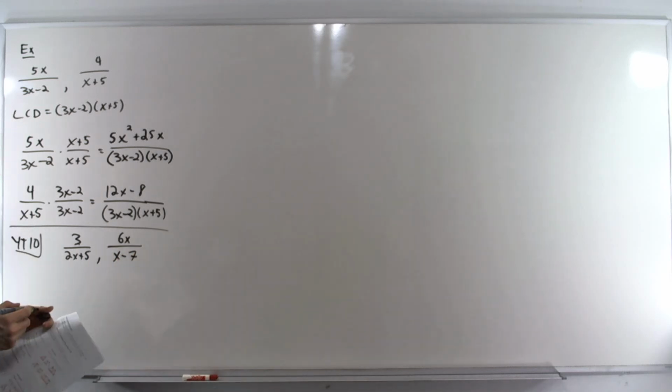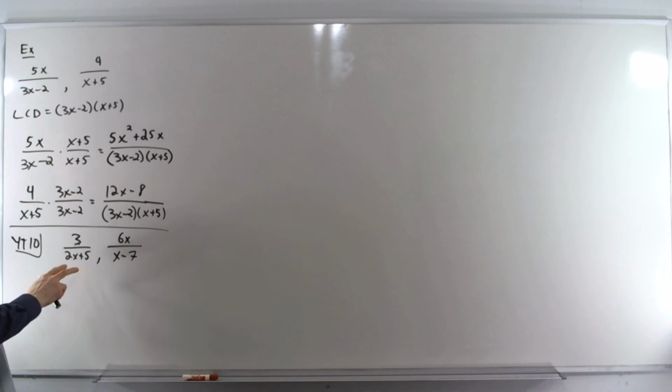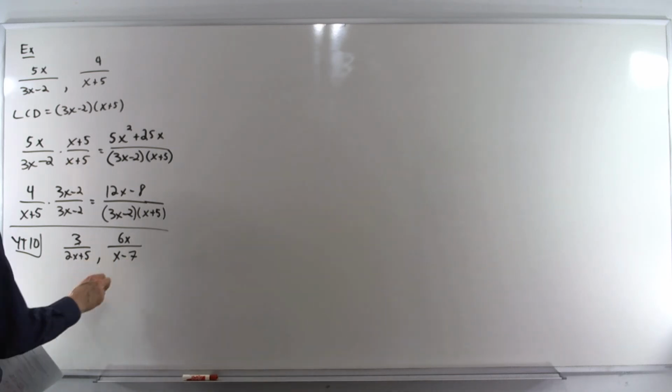So just like with the example, we have two binomials here that don't match. So we've got two unique bases, and that means our least common denominator will be 2x plus 5 times x minus 7.